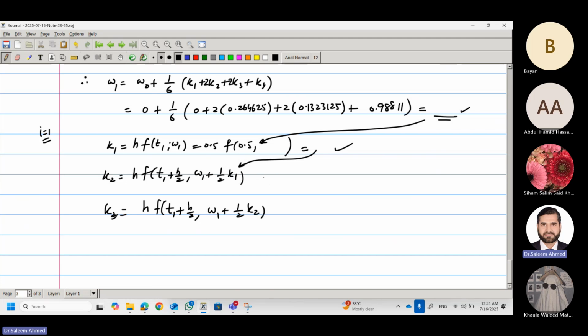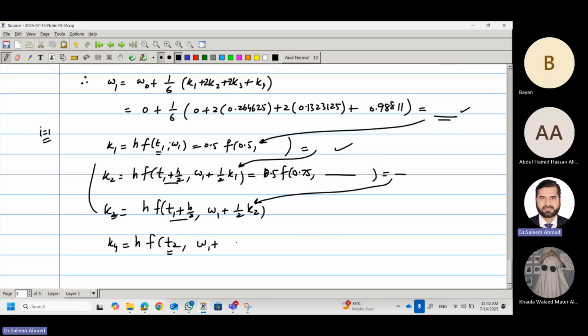Now this is your K2, whatever that is, so this will come here. And K4 will be H f of T2. Last one: K1 is at T1, K4 is at T2. The middle two are T1 plus H by 2, and T1 plus H, and W1 plus K3. So whatever K3 you get, put it here, get K4.